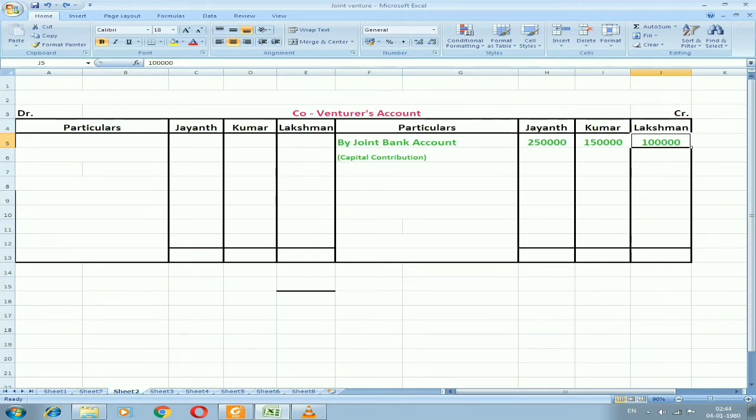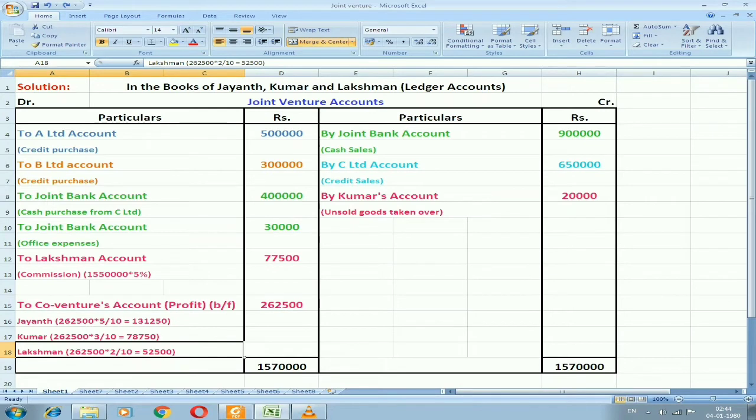Other than that, we are supposed to take the transfers from the joint venture account. Whatever entries are related to co-ventures in the names of Jayant, Kumar and Lakshman, if we have any on the joint venture account, will be transferred to the co-ventures account. At the end, if we get any balance on any side, it will be transferred to the joint bank account. So let us transfer the entries from the joint venture account. On the debit side, we have one, that is to Lakshman account.